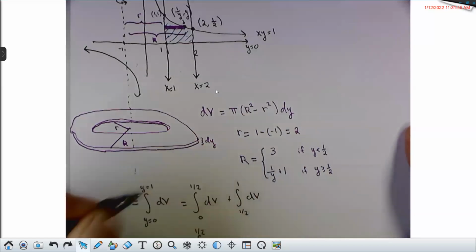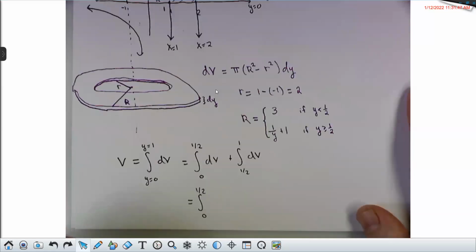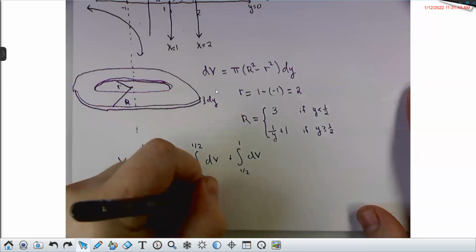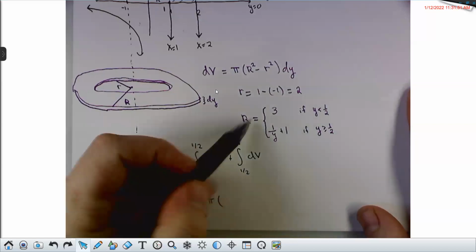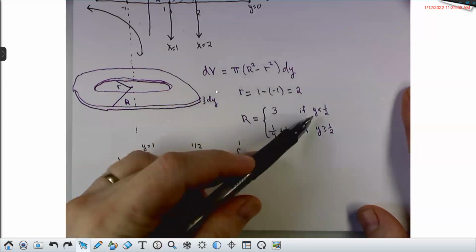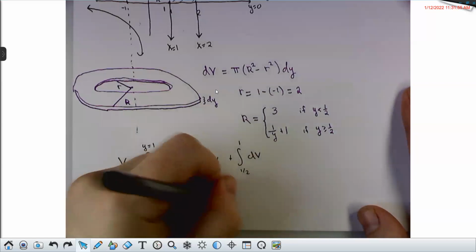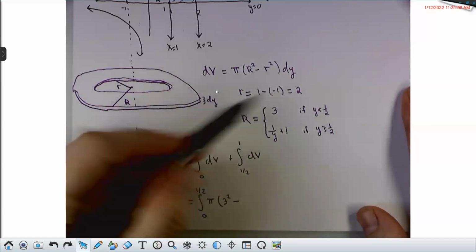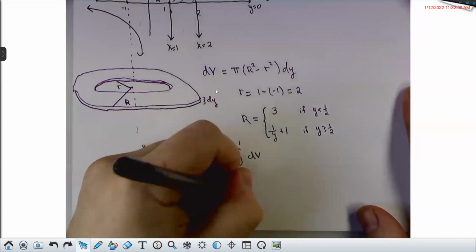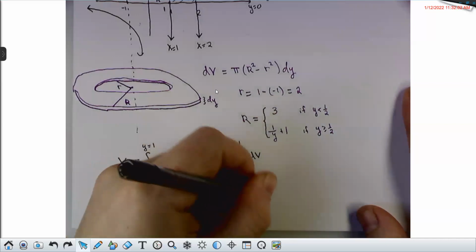So from 0 to 1/2, dv is pi times big R squared, and big R is 3 if y is smaller than 1/2, so it's 3 squared, minus little r squared, that's 2 squared, times dy.